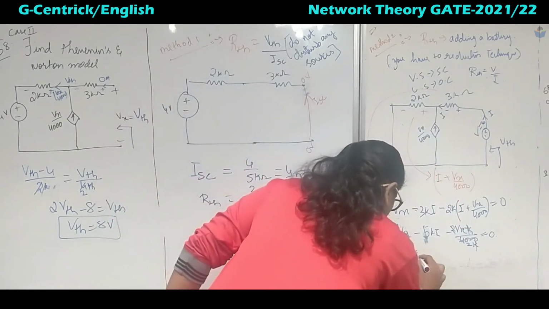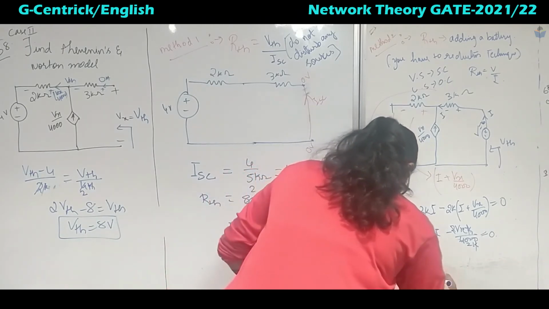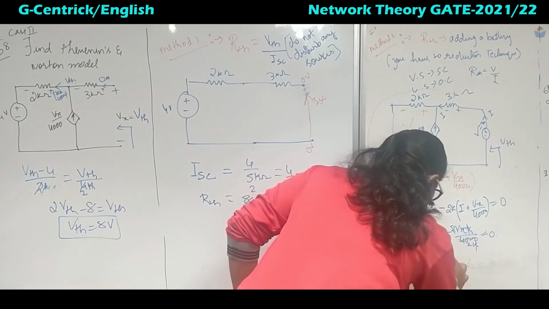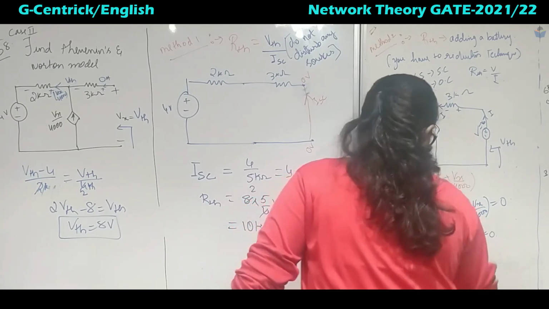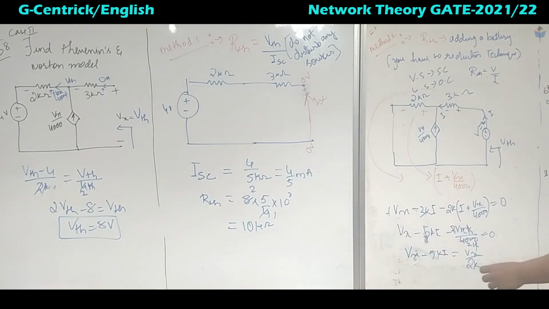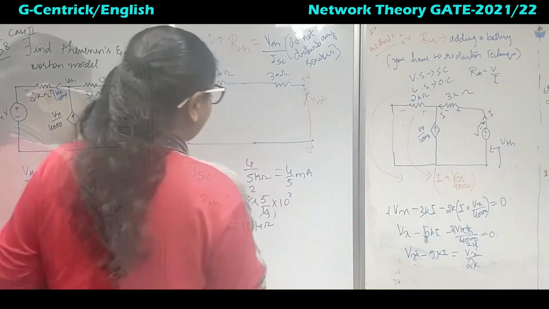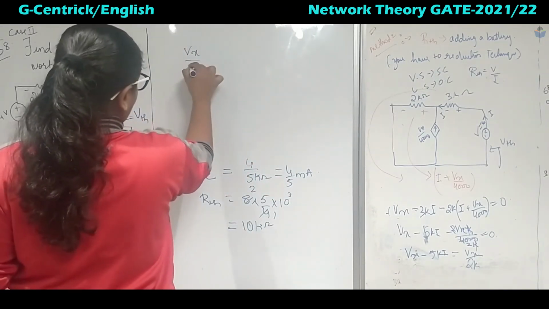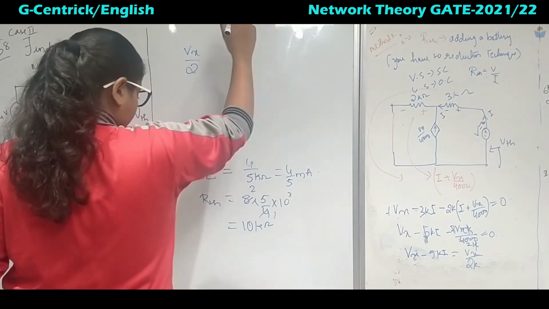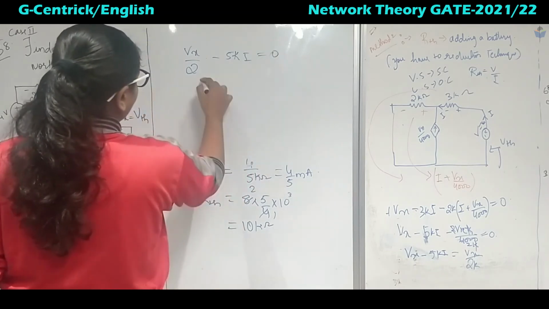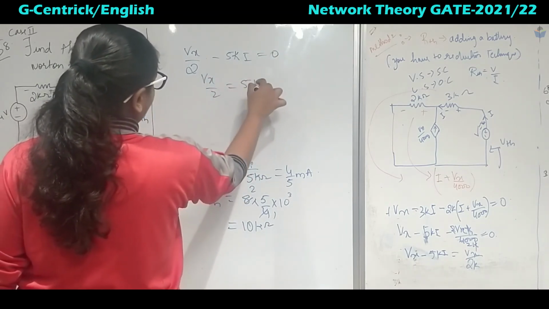So next you will get the equation: if I take minus 5kI to that side, you will get Vx by 2. But what we want is the ratio of V by I. So when you simplify this one, you will get Vx by 2 equal to 5kI.